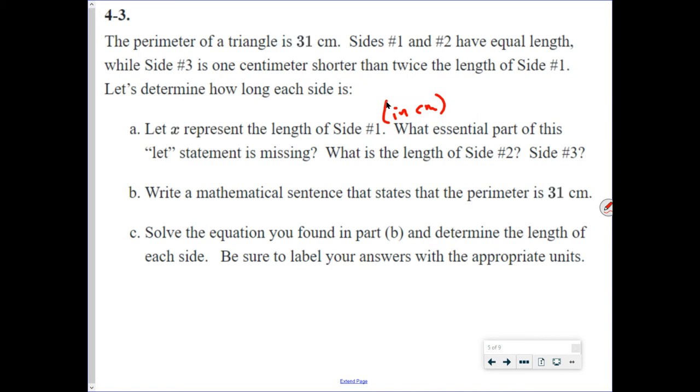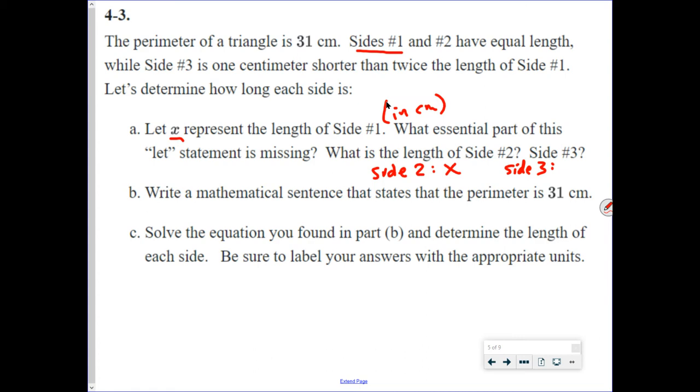And then it's saying, what do we know about side 2 and side 3? What that means is, based on that, well, side 1 is x. Side 2 would be what? Okay, so side 2 should be x. And side 3, oh, this one's a little tricky here. Side 3 is what?